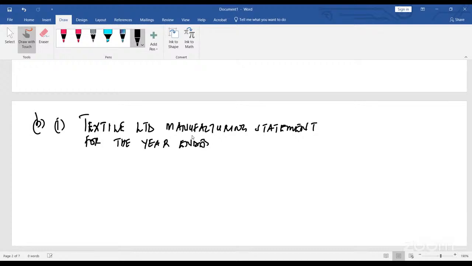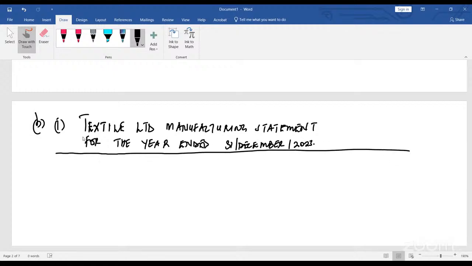For the year ended when? 31st December 2023. So that is my heading. If you have a ruler, you underline your heading.